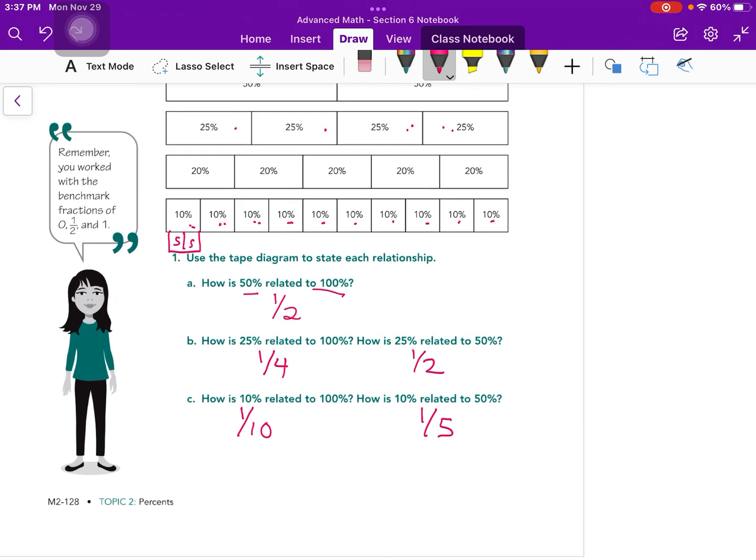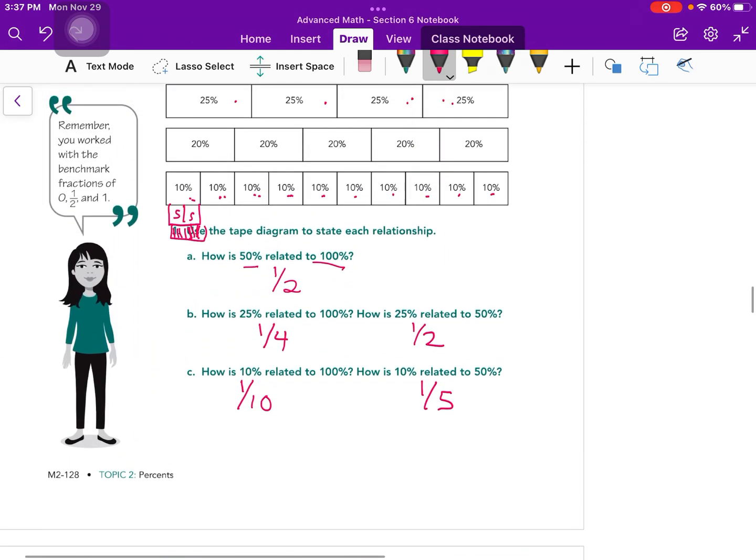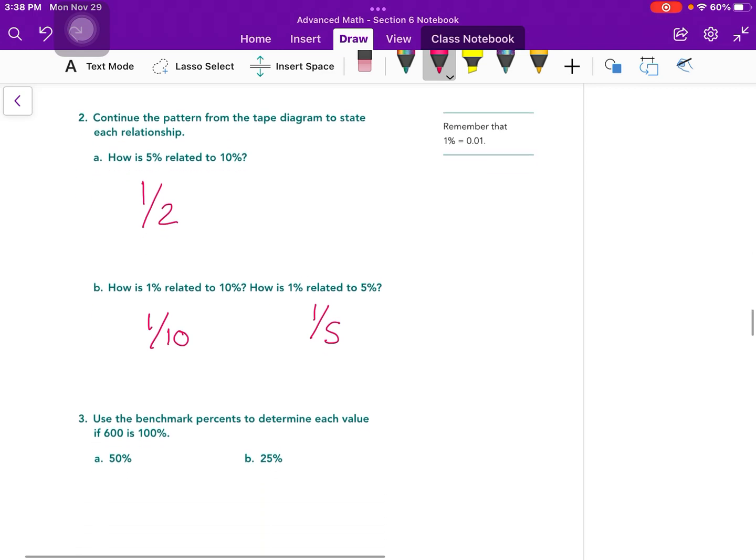Well, if I took this 10% and made 10 little ones, I would see 1% is 1/10 of 10%. Oh, not 1/2, 1/10, excuse me. And I would see that 1% is 1/5 of 5%, because it would take 5 of them to get 5.